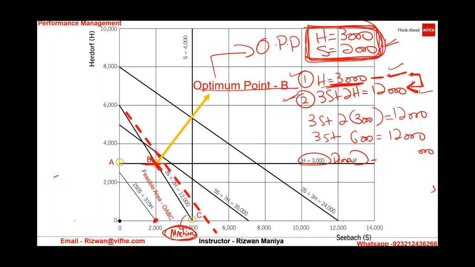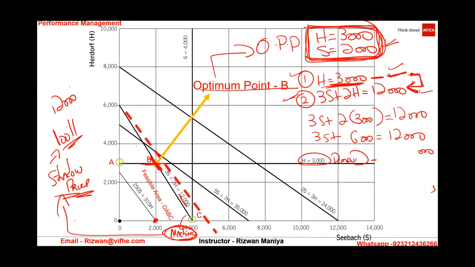By looking at the graph, you can figure out that if the optimum point is at one of the resource lines, you will work out the shadow price for that, because here the resource has been fully utilized, which means if there are 12,000 hours, those 12,000 hours are fully utilized.